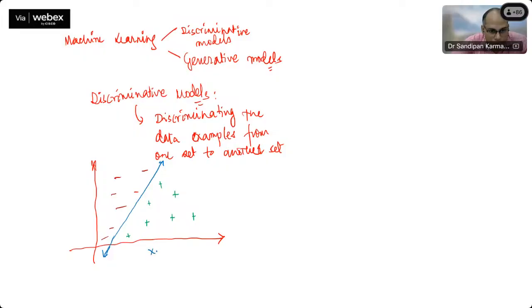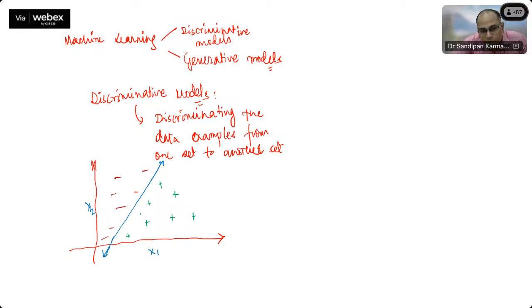Suppose this is the x1 variable, this is the x2 variable, and this is the positive class, negative class. So in discriminative models, we are trying to generate a boundary that discriminates the positive class points from the negative class points.